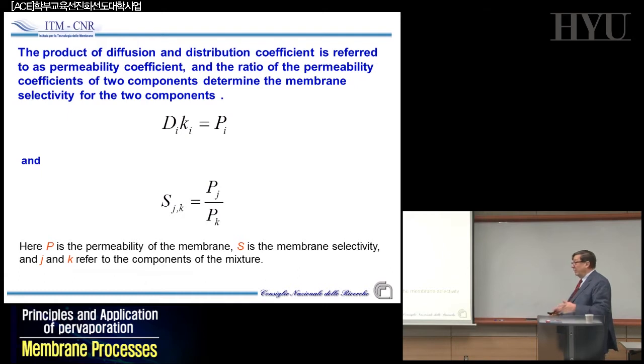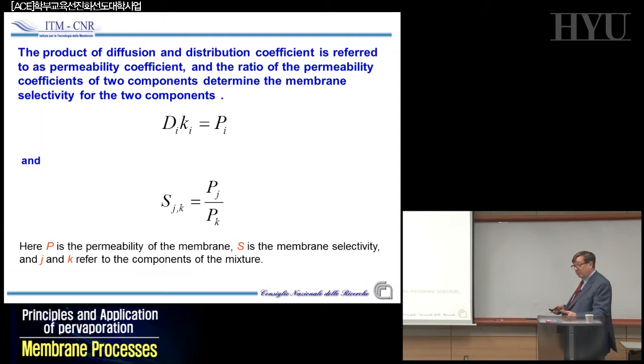Remember that this value can be related to two totally different parameters. You can have a system in which what is important is the solubility, so one component very soluble and the other one not soluble, or a system in which the solubility can be the same, but the diffusivity is different.